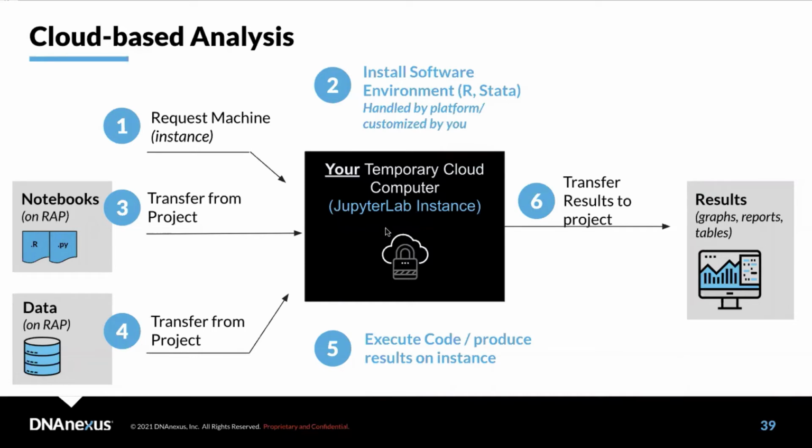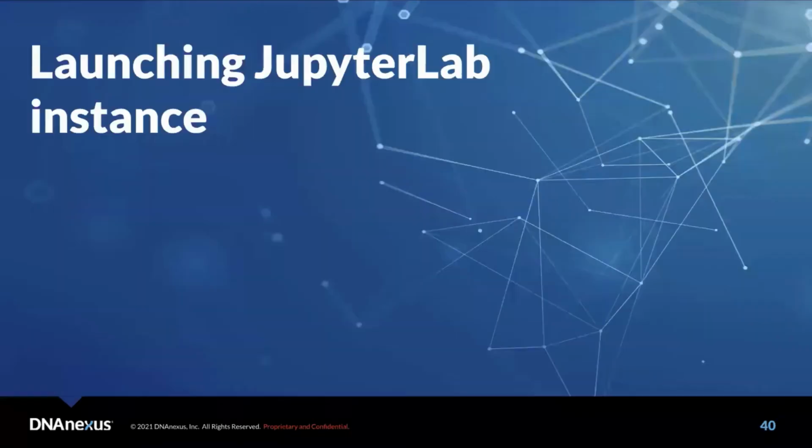You execute code or produce results inside your temporary computer. And once you're satisfied with your results and you want to use or save them, you need to transfer results back to the project. This is the key thing that we'll be returning to: it is your temporary computer. Once your session ends, this computer will disappear and all of the data there will disappear if you do not save it into your project.